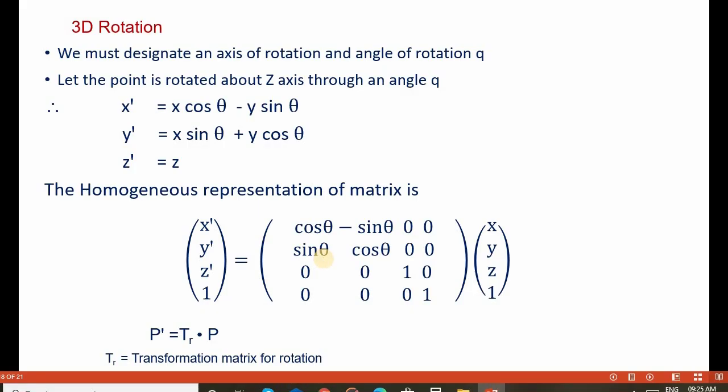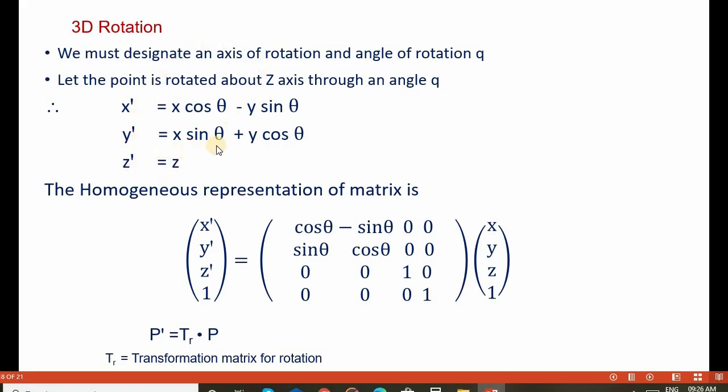In 3D rotation, we must define the axis of rotation and the angle of rotation. Let a point be rotated about the axis through the angle theta. So x dash equals x cos theta minus y sin theta, y dash equals x sin theta plus y cos theta, and z dash equals z.